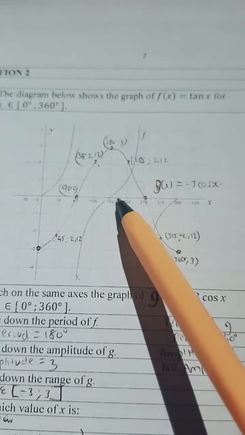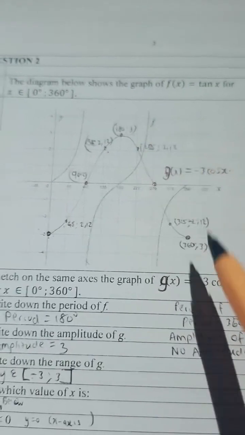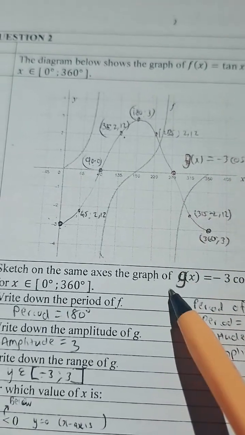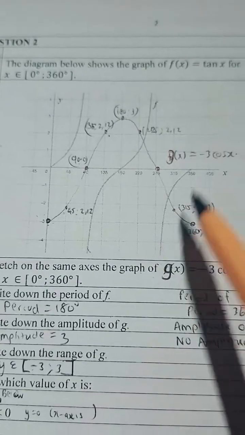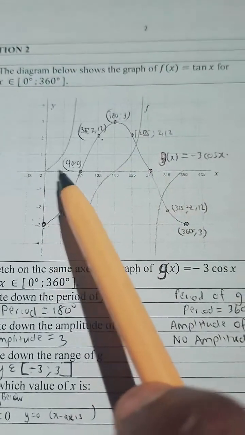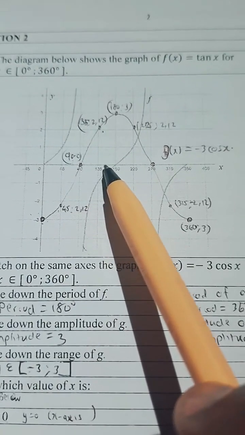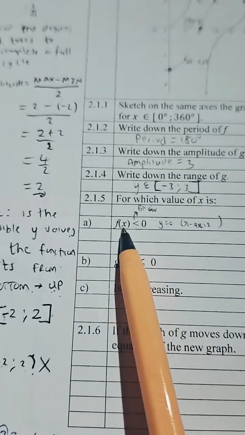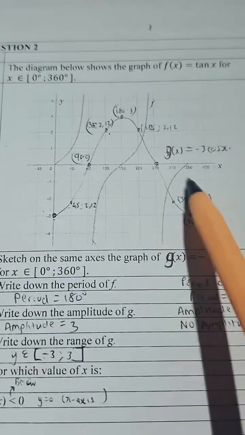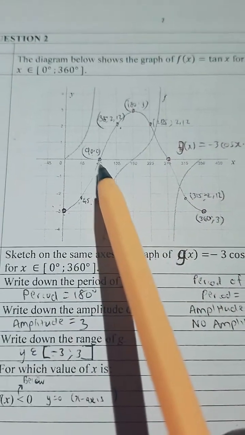But from here to that point, we are above. So the intervals where we are below is where specifically? For who? For tan. There is tan, there is tan, there is tan. Where are we below?